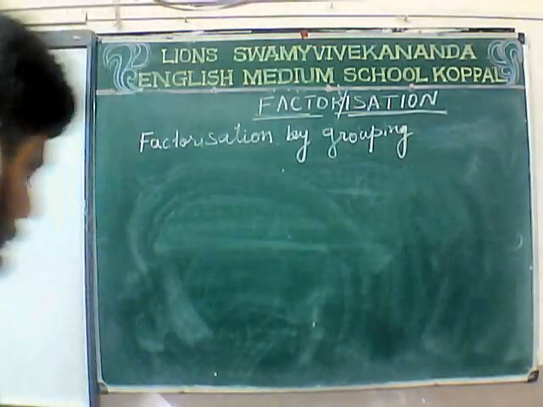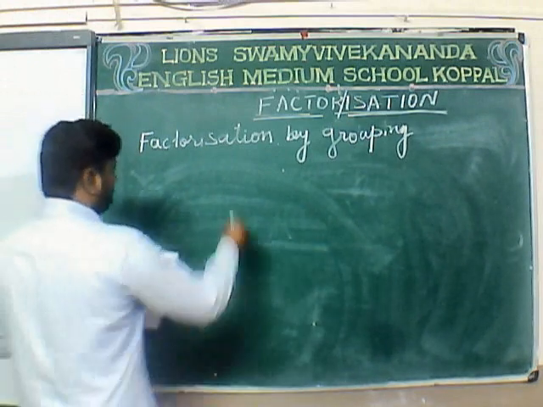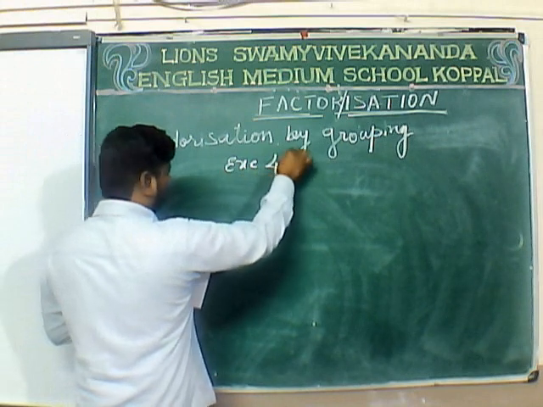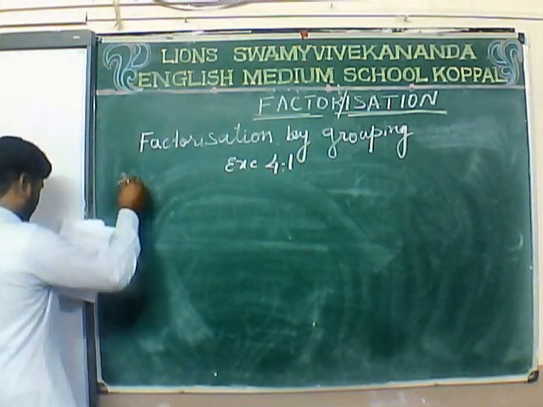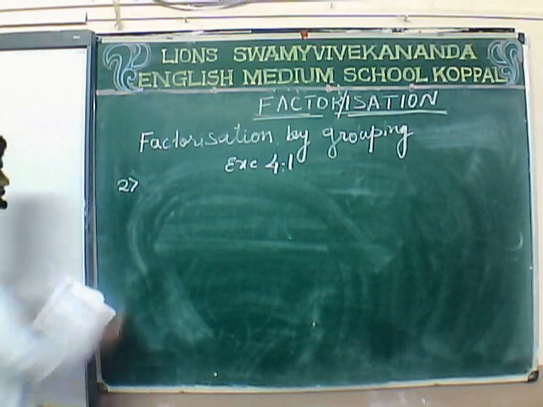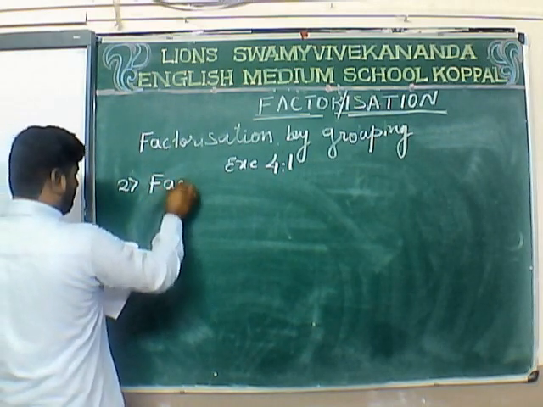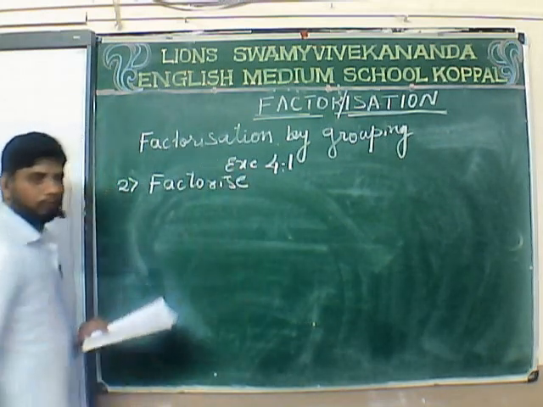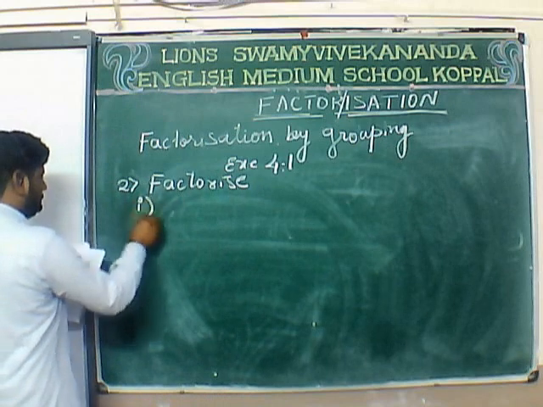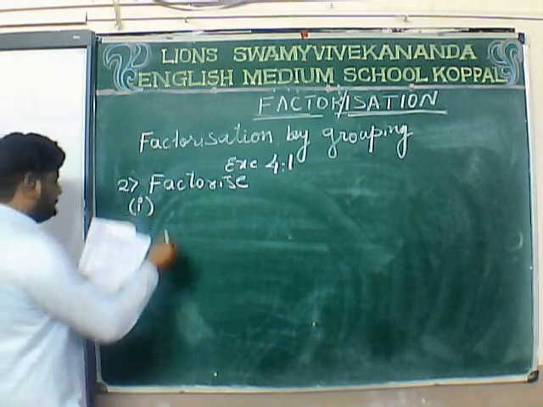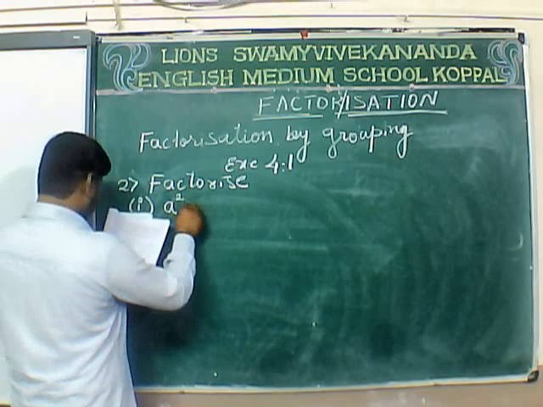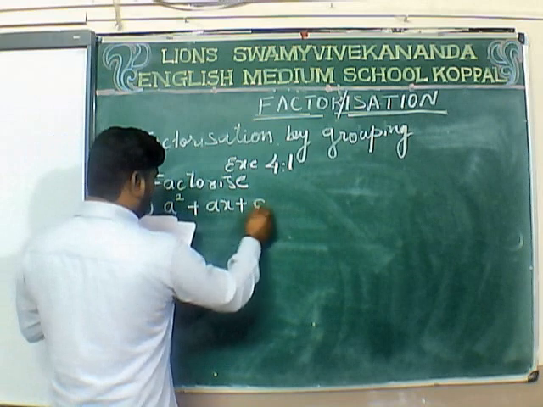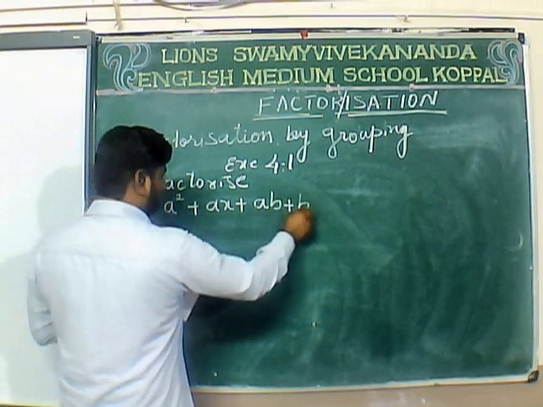Now exercise 4.1, second main. Second main is factorize. In that, let us see the first problem. I have a square plus ax plus ab plus bx.